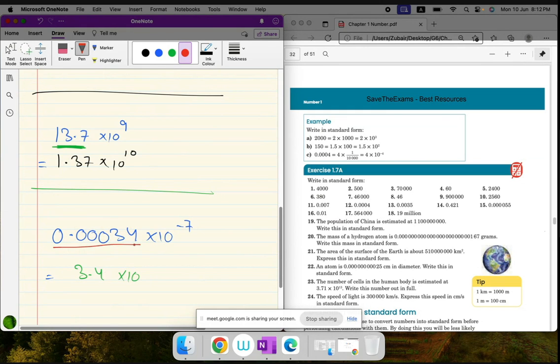You see, on this side I've actually increased the number by how many zeros? 1, 2, 3, 4 zeros. So if I'm increasing on this side, I have to decrease on the other side. So that's -11. And in the other way, when we move the decimal to the right, we subtract the power. So we moved it 4 places, so -7 minus 4 is -11.